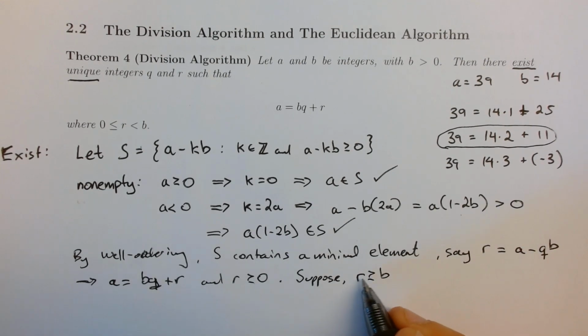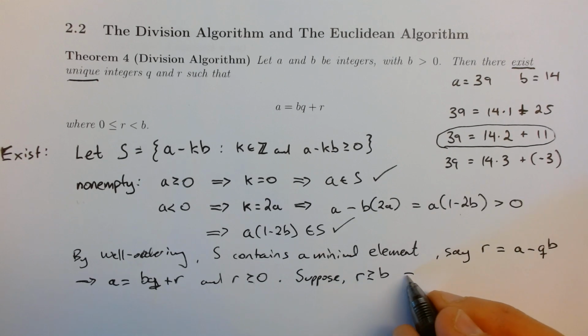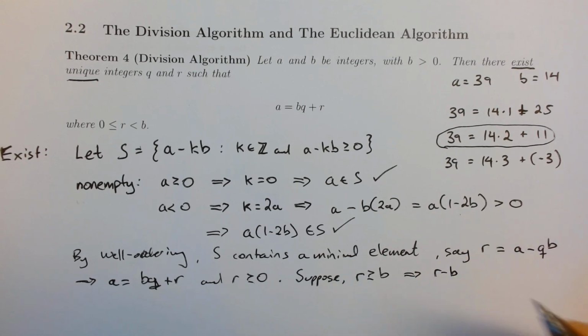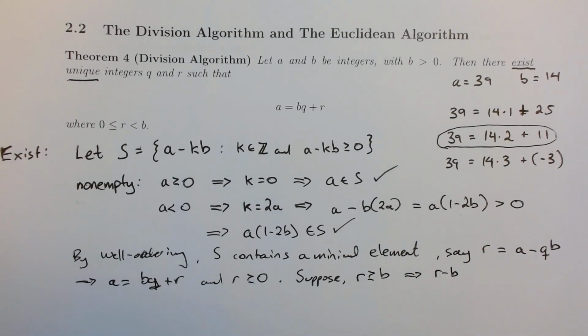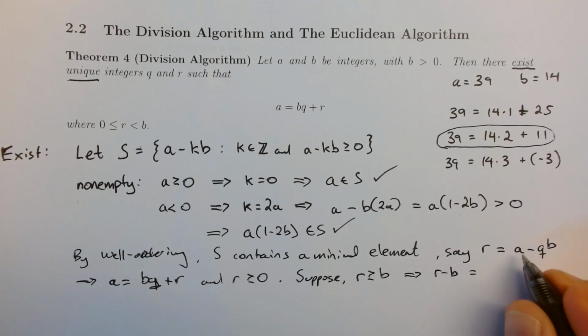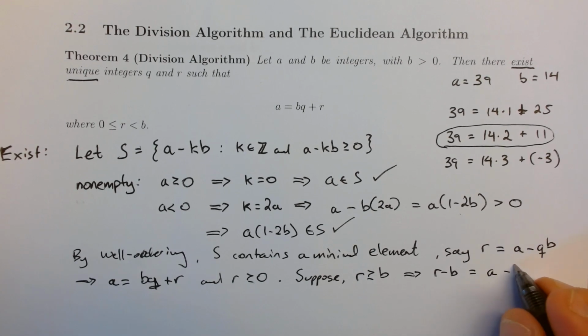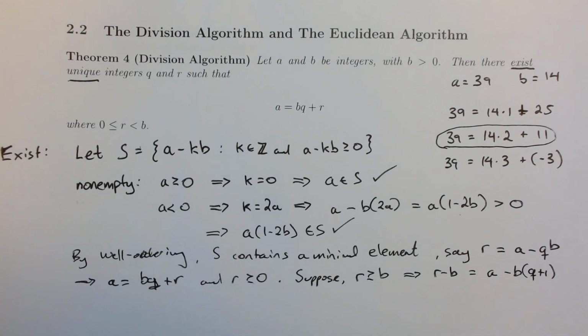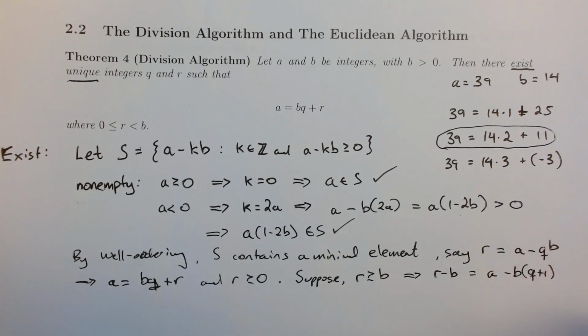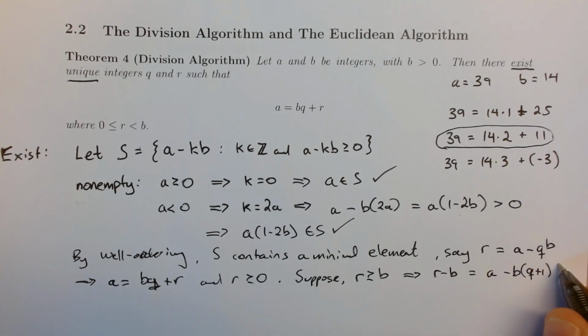Then, if I look at R minus B, that's a non-negative number. But if I subtract B from both sides here, it's also equal to A minus B times (Q plus 1). And since this is a non-negative number, this is also non-negative.